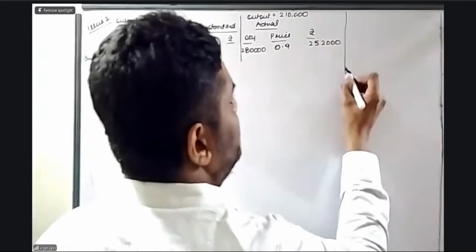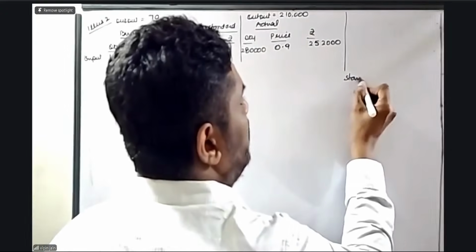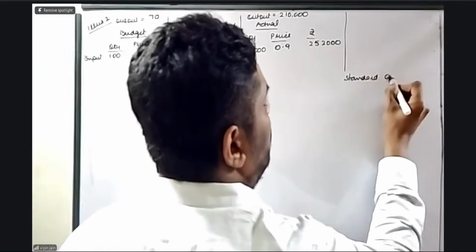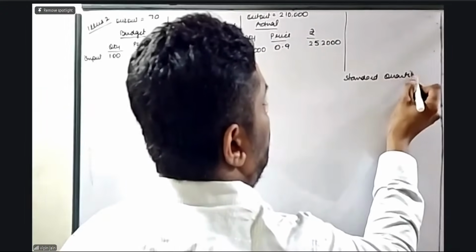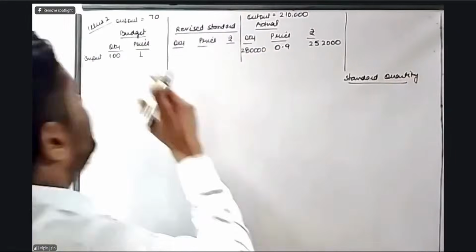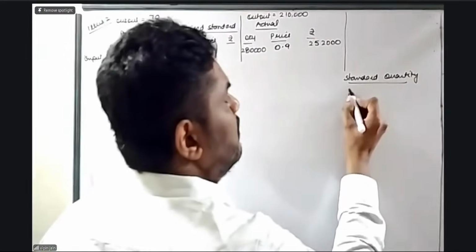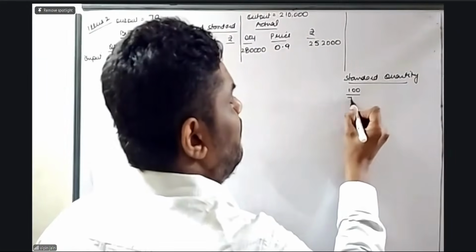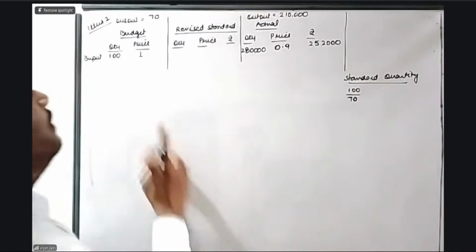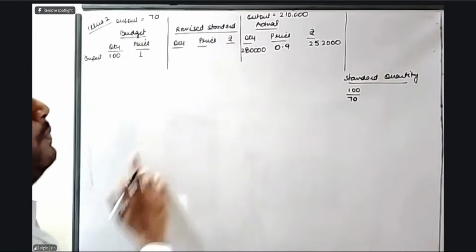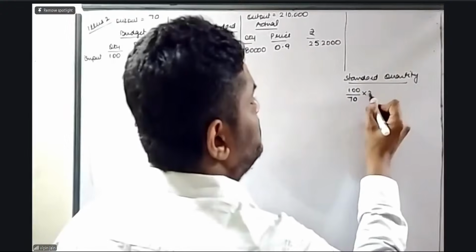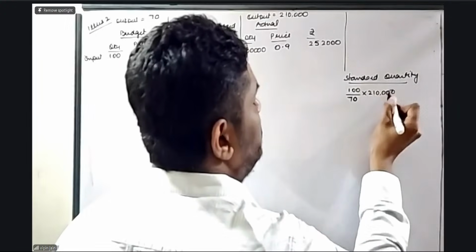Very simple, guys. We can calculate standard quantity. That is 100 input for 70 output. So for 2,10,000 output, how much should be my input?